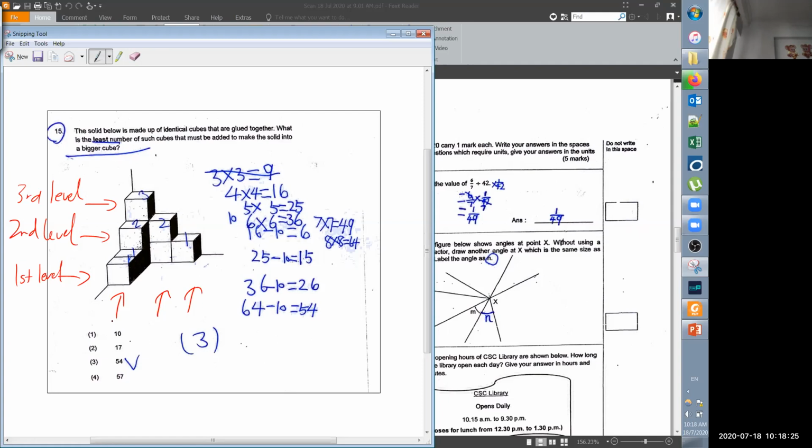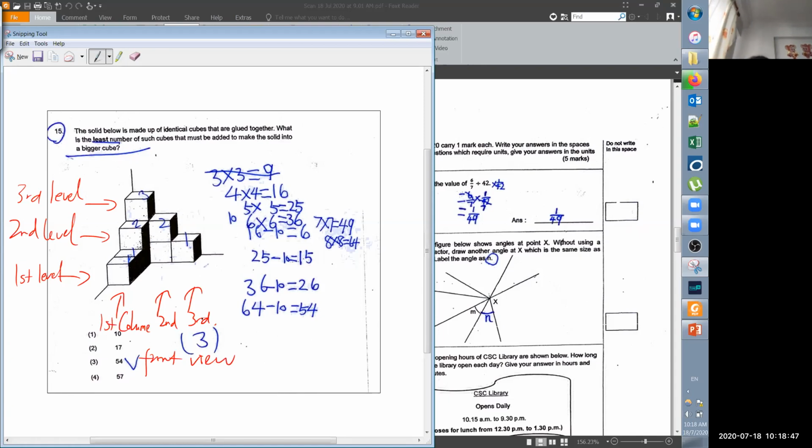So this is called the first column. This is the second column, and then this is the third column. So it really depends how you look at this. Okay, so let me just look at it from the front view. This is called the front view, right?